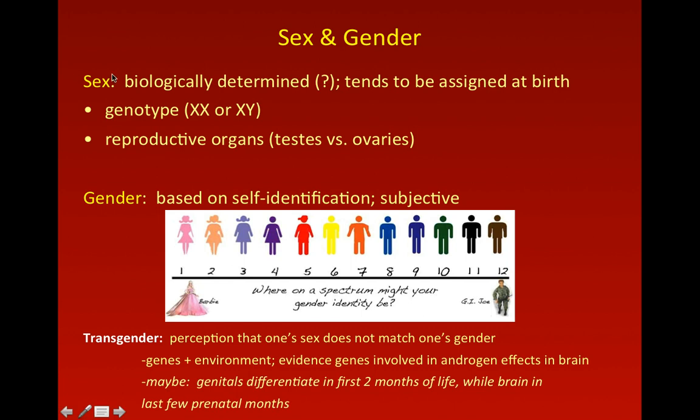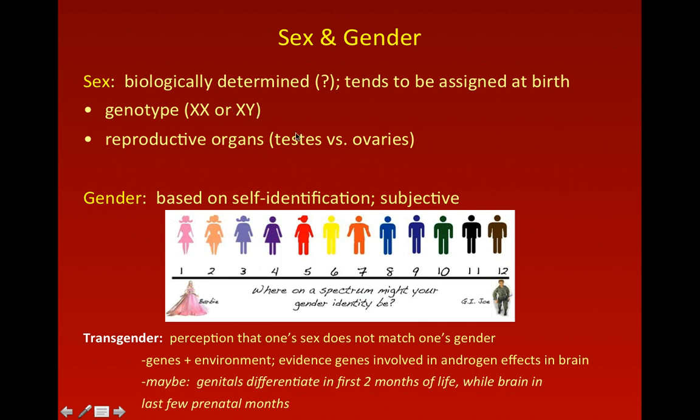So sex is typically defined as being the biologically determined birth assigned sex. So it's based on your genotype, two X chromosomes, female, an XY chromosome, male, as reflected in the reproductive organs.